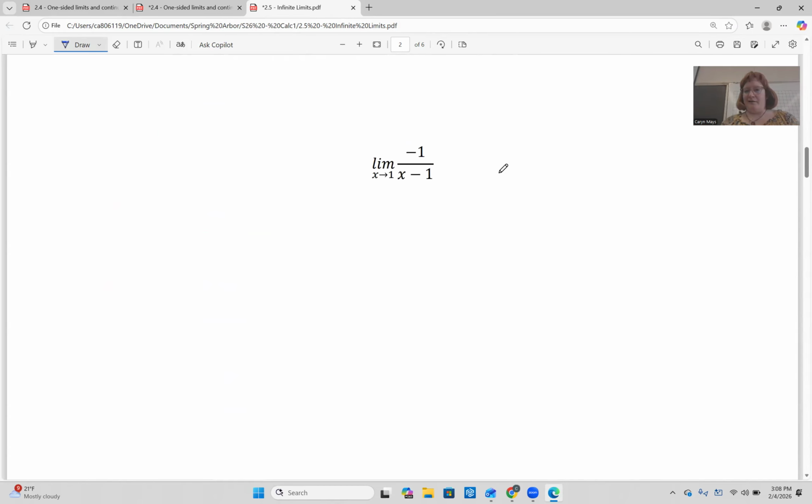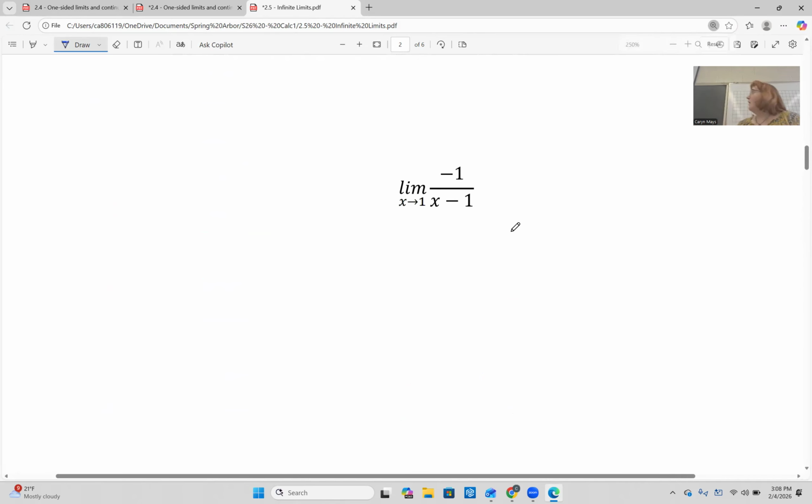So let's look at another one. Oh, I did get it fixed. I had a typo before. Okay. Without doing a table, I want to look at each little limit as we approach 1 from each side. So let's do the right first.